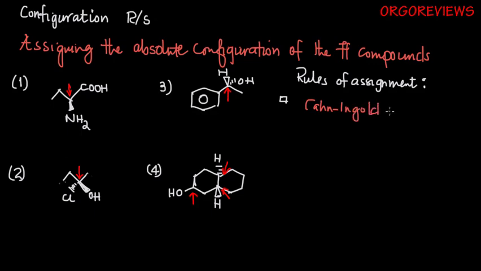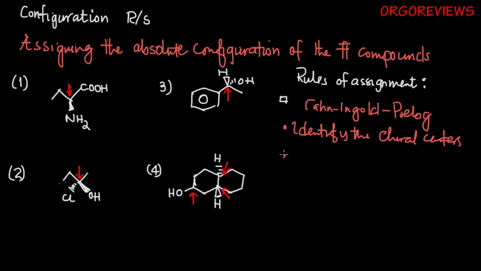So the first thing you do is you identify the chiral centers. Then next is you assign priorities based on atomic numbers.